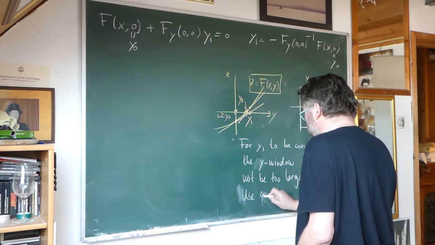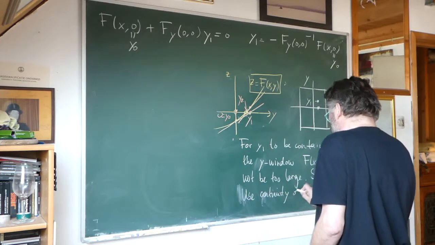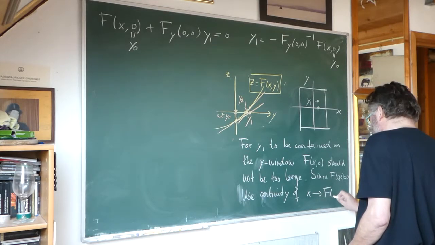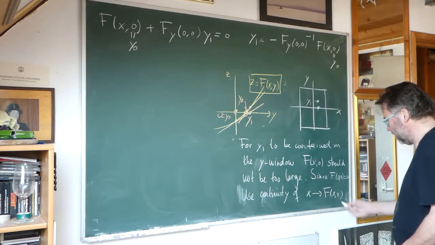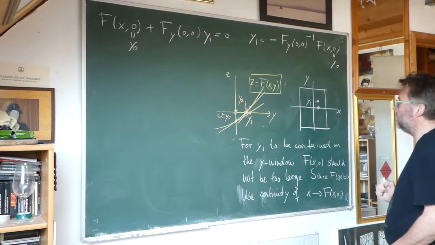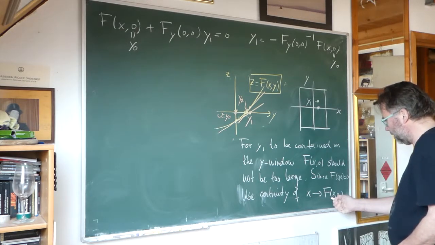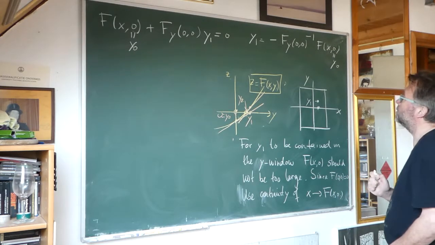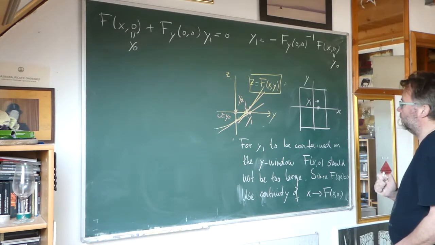The continuity of x going to f of x and 0. Since f of 0 and 0 is 0, if this thing is continuous, then I can choose x small to keep f minus f of 0, effectively f of x and 0, small.